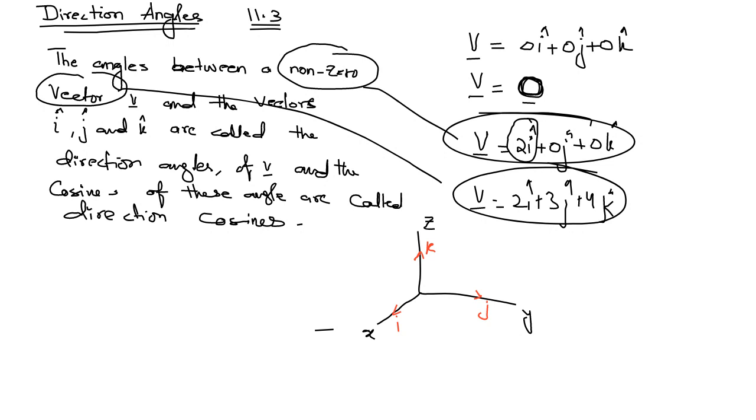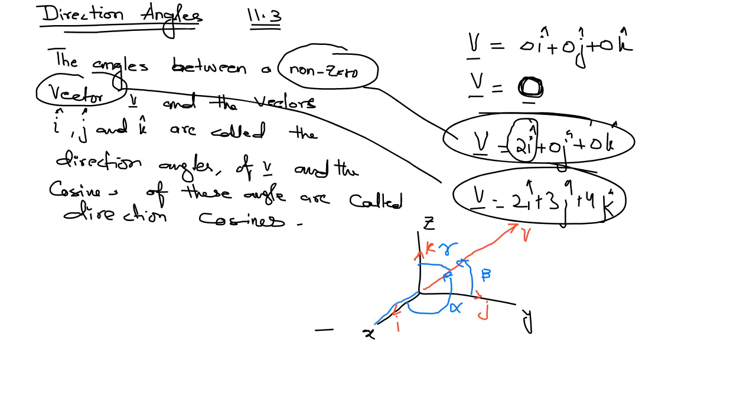If you draw any vector v, this vector has some angle with the x axis, which is alpha, an angle with the y axis, which is beta, and an angle with the z axis, which is gamma. How can you find the angles? We have a theorem, and from that theorem we can easily find the angles between the coordinate axes and the vector.